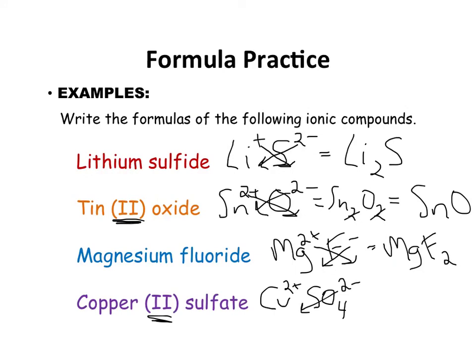When you crisscross, you'll notice that this is a polyatomic ion, so you would need parentheses around it. You cannot touch the 4 in SO4. You can't change the polyatomic. But in this case, you're bringing down a 2 and a 2, so they would simplify and cancel each other out. The answer would just be CuSO4. You can put parentheses around polyatomic ions all the time if you want to, but if there's only one of them, like there is in this case, one SO4, you don't have to. The only time you need parentheses around a polyatomic is when there is more than one. So for any formula, it's symbols, charges, crisscross, simplify if you can.